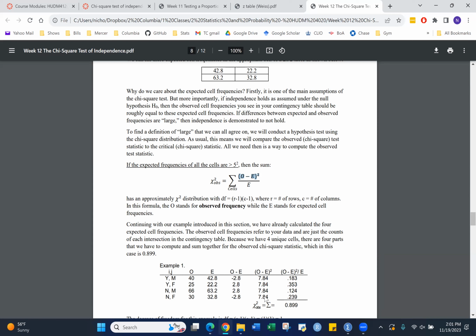That's just kind of crazy that it actually happens in this problem. So 7.84 divided by 42.8, 7.84 divided by 22.2, etc. is going to give you this value here. Let me circle it.